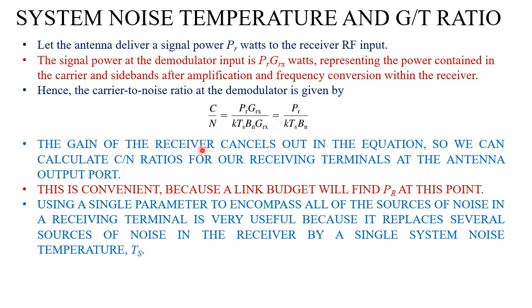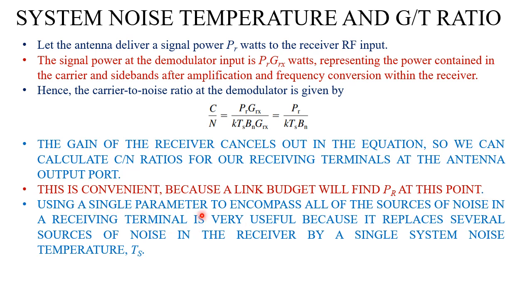The gain of the receiver cancels out in the equation, so we can calculate C by N ratios for our receiving terminals at the antenna output port. This is convenient because a link budget will find PR at this particular point, right?